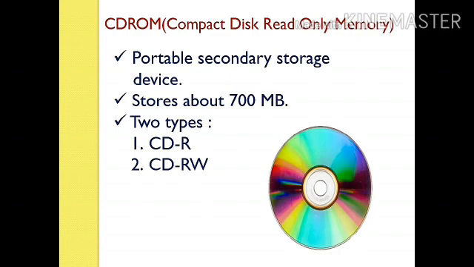Laser is used to read common CDs. It may be in the form of text, image, sound, video clips, animated movies or their combinations. Nowadays, we get two kinds of CD. CDR. CDR stands for Compact Disc Recordable.